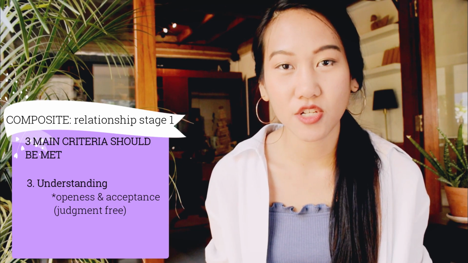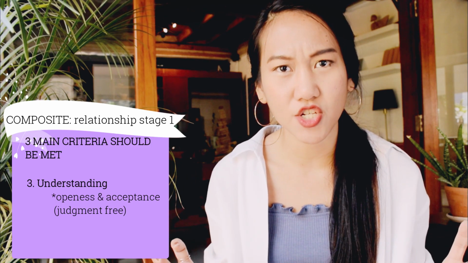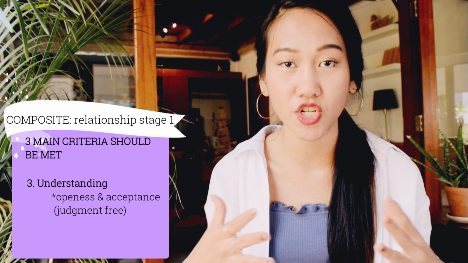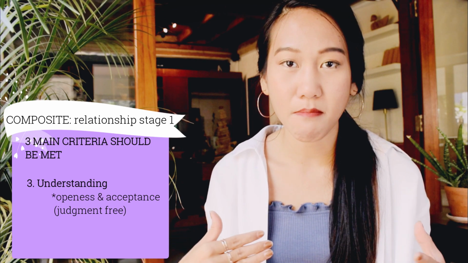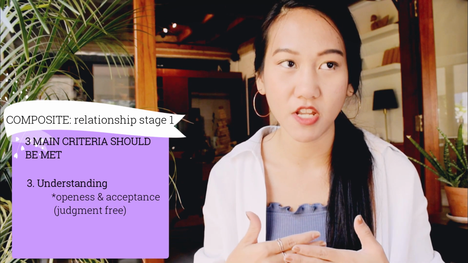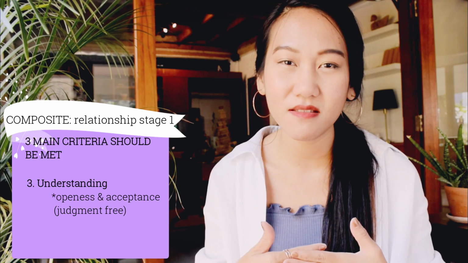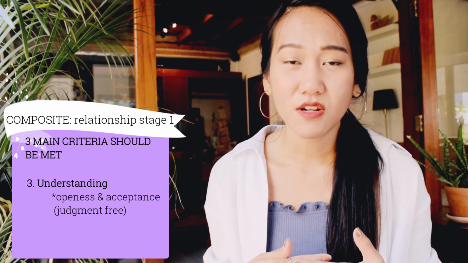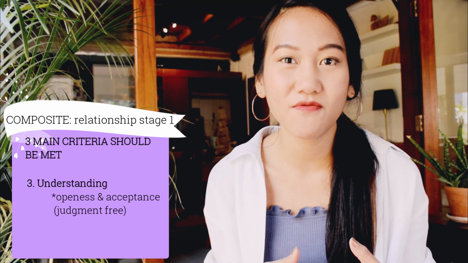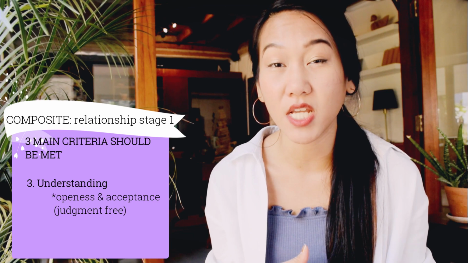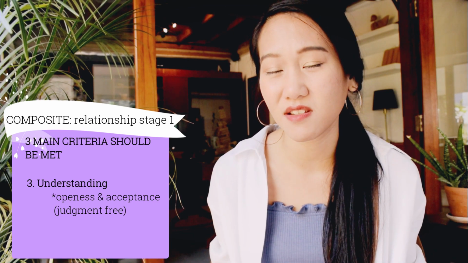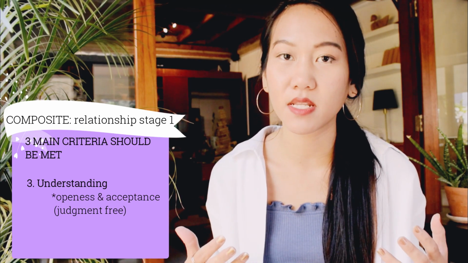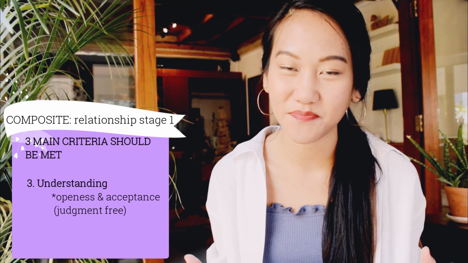So if a relationship becomes a judgy relationship where you immediately feel like the things that you say, do, and share with each other are being met with a bias or a prejudice from another person, there's really nowhere to go from that, because then you're going to be censoring yourself a lot of the time in the relationship, and there's really nothing to talk about and to discuss. So this is about a relationship that has an element of openness and acceptance.